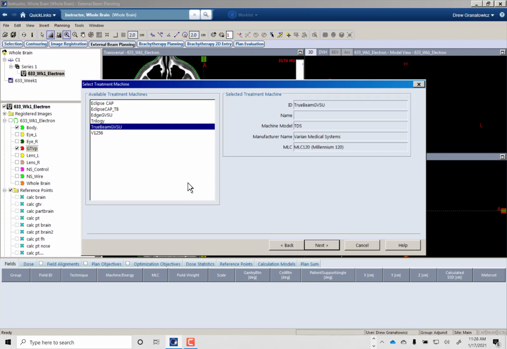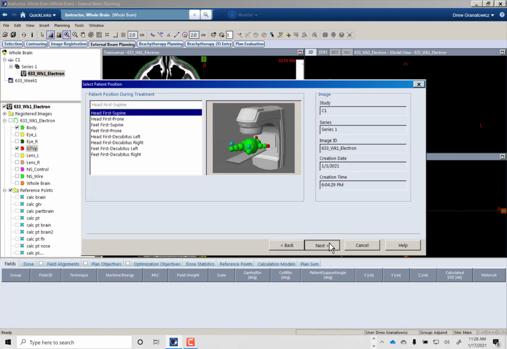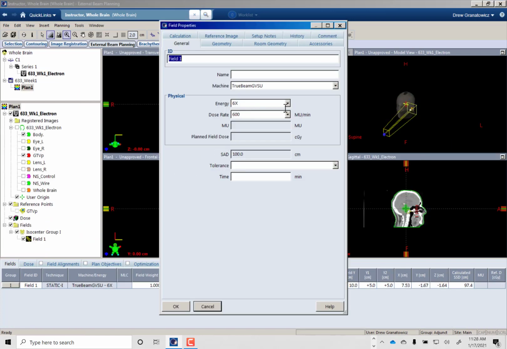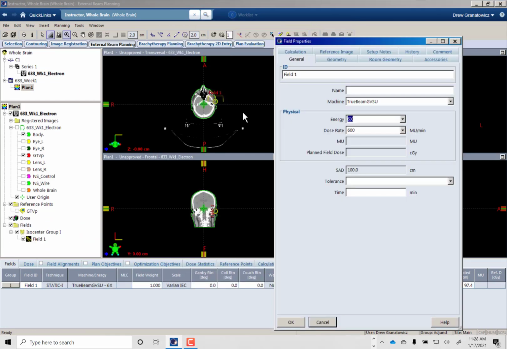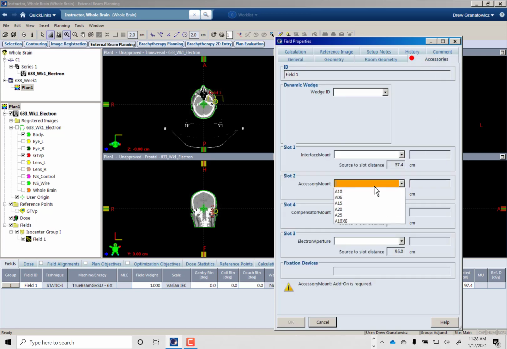And we're going to use a TrueBeam. Okay, so just looking at this, I did not measure it or anything like that, but I'm going to guess that maybe 9E is what we want to use. And it's pretty small, so I think a 10 by 10 cone will be sufficient.